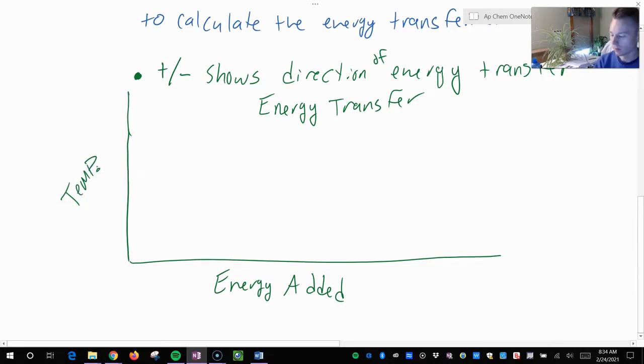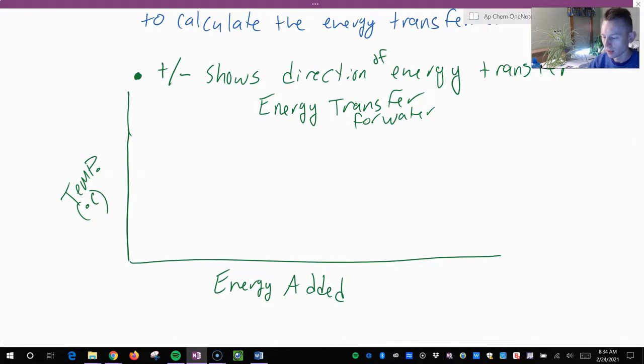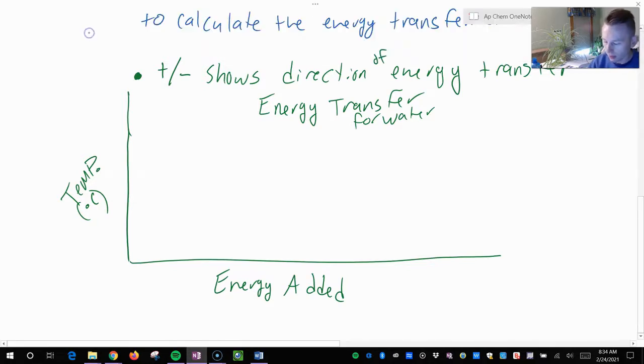We're going to say for water, we're going to call this degrees Celsius. Let's say we start at negative 20 degrees Celsius, somewhere down here. I'm not going to start at 0, just because.